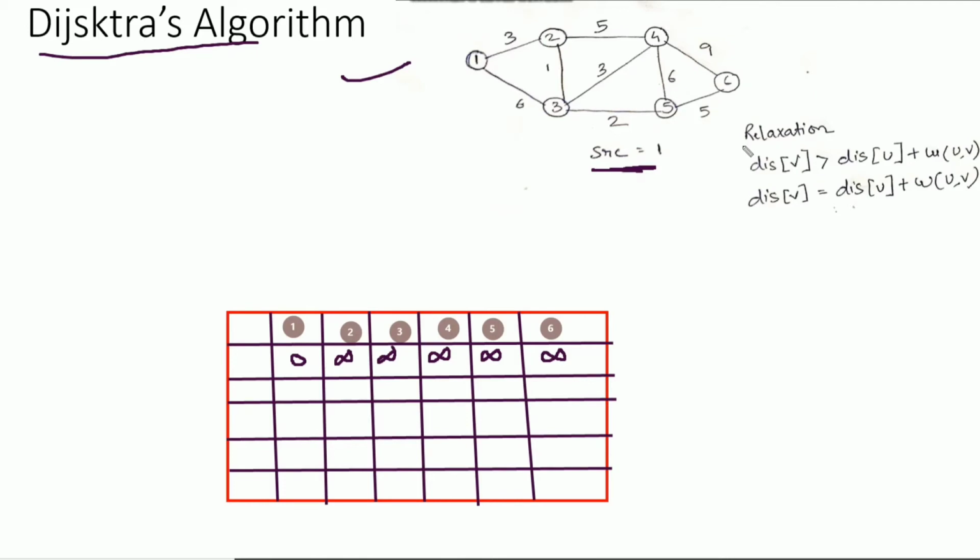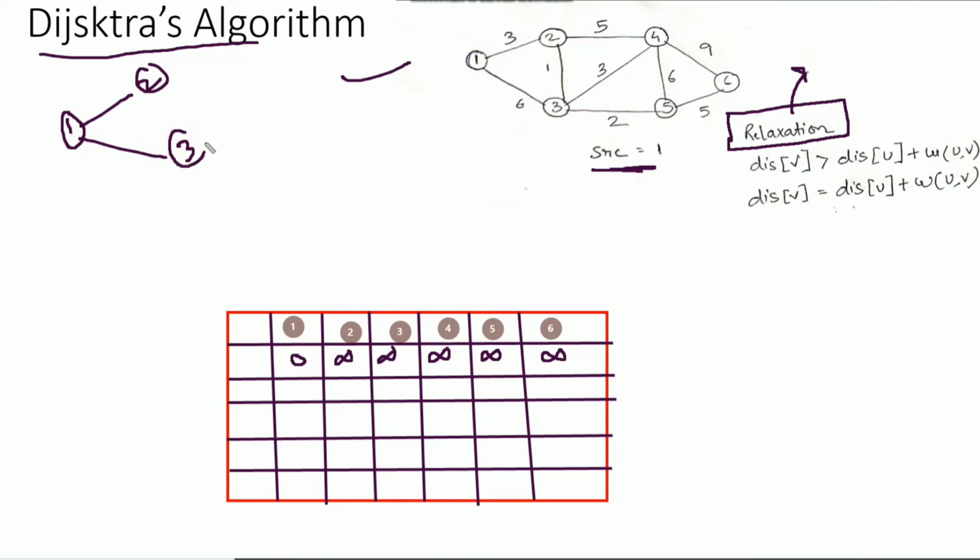So basically we are going to use this formula, and this formula is known as the relaxation formula. It basically relaxes the edges. Suppose this is a simple graph from 1 to 2 and to 3.